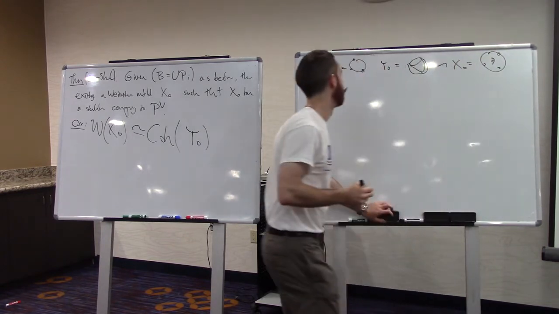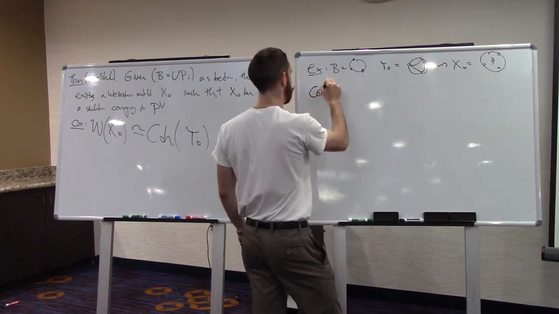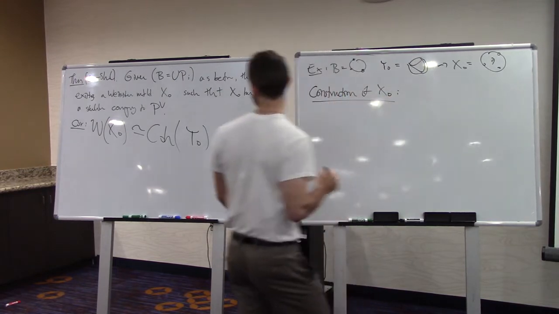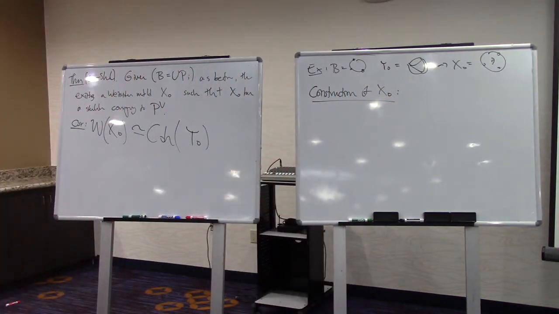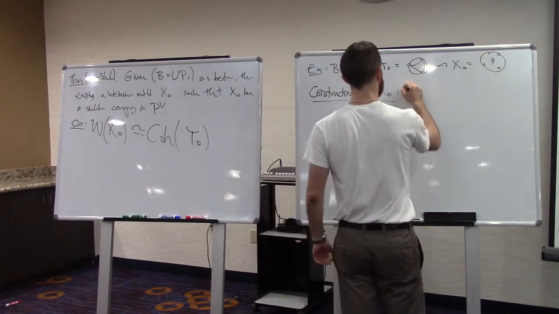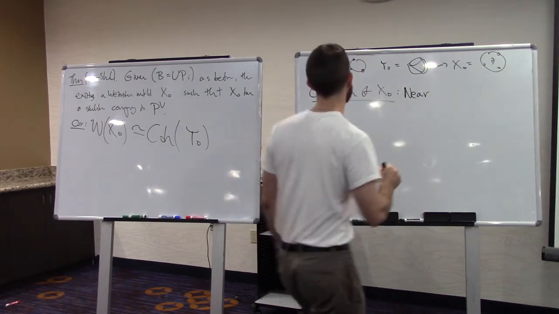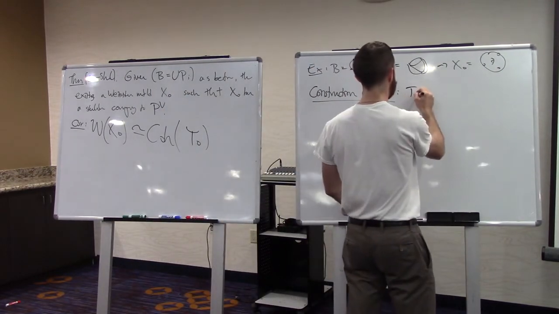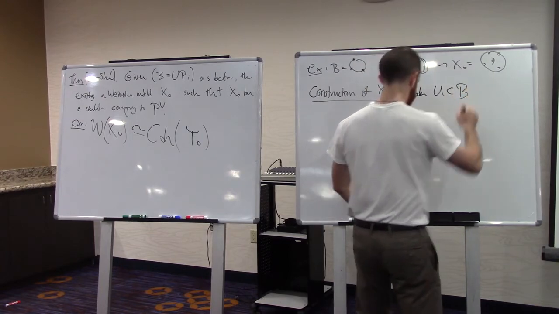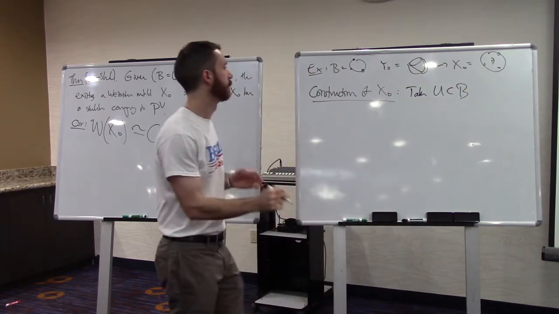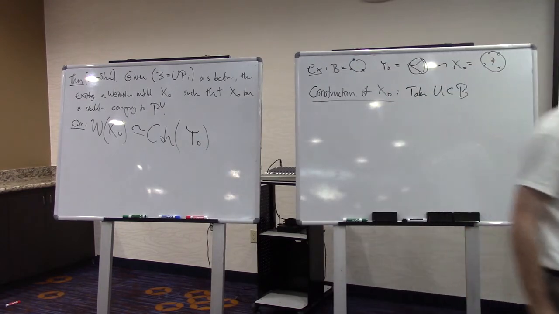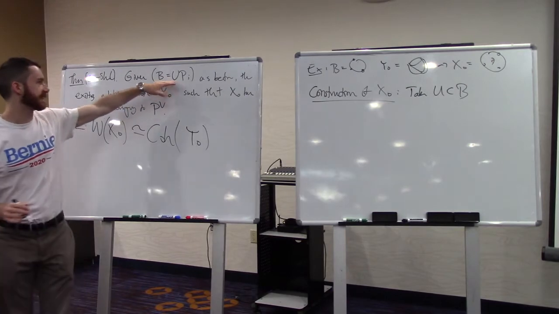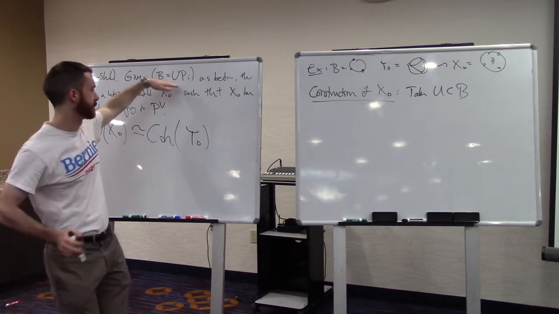Cool. So the construction of X0 is that near, so take some neighborhood U in this topological manifold B, and let me restrict myself to the situation where this polyhedral decomposition locally looks like tropicalizations of pairs of pants.